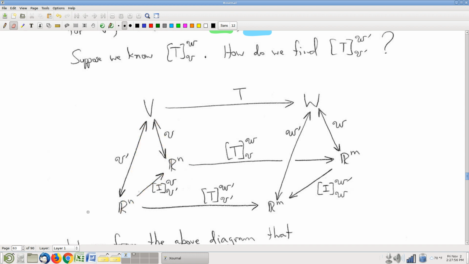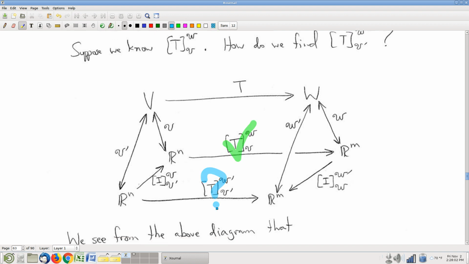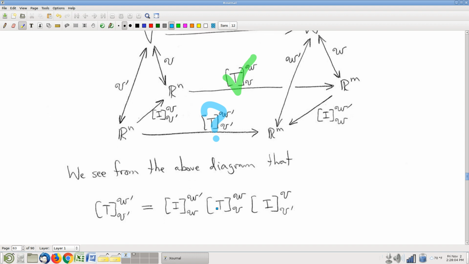So the nice punchline then is, if you know this and you would like to know this, then very simply, this thing you want to know: step 1, convert from V prime language to V language for the input vector. Then do the matrix that you know how to do.